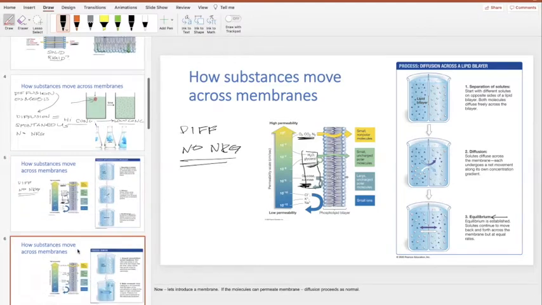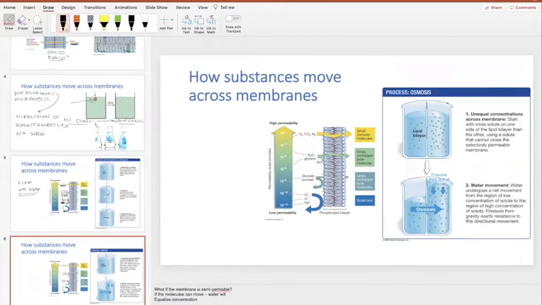All right. So in this example, what I have for you is a membrane, just like we had before, but what we have is a high concentration on this side of a substance and a low concentration on this side of the substance. So for the sake of argument, let's say that this is something like glucose that we know isn't going to move across this membrane very well.